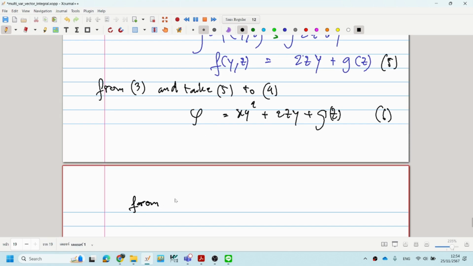From equation number three, put equation number five into equation number four, right?